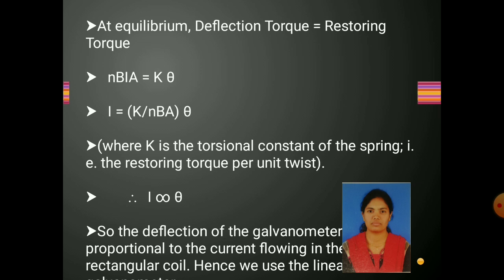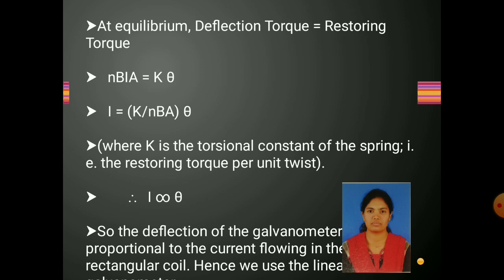So all the terms in the bracket are constant, and therefore I is directly proportional to theta. This says that the deflection of the galvanometer is directly proportional to the current flowing in the rectangular coil.